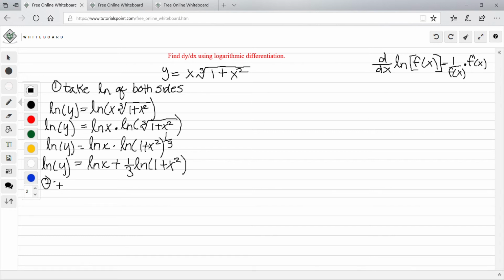Basically, with respect to x means whenever you see a y, you put a dy/dx.